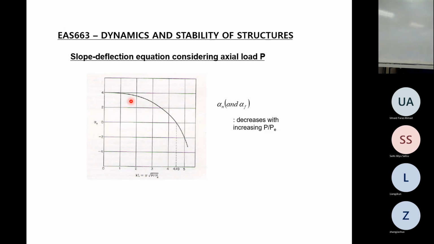When there is no axial load, this is the conventional alpha n, a constant ratio 4. So when P increases relative to P critical, you can see from the graph that alpha n is getting lesser and lesser compared to 4.